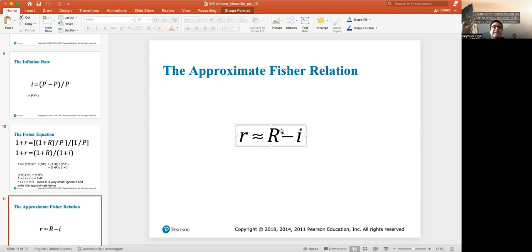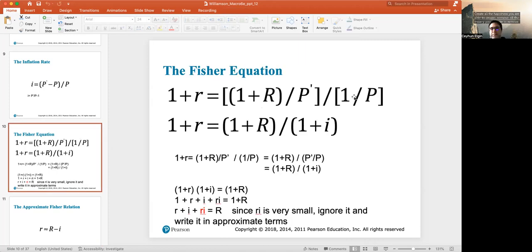So this 10% is the nominal interest rate. However, $110,000 next year is not equal to $110,000 this year if there is inflation. In terms of purchasing power, there is some erosion. Now the question is, how can we measure that?